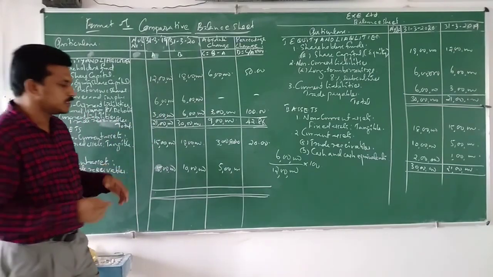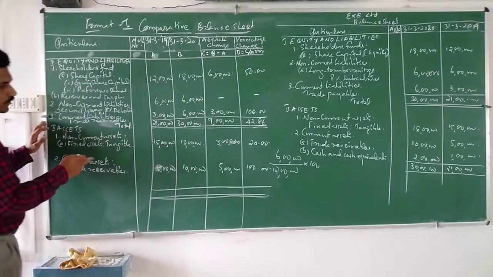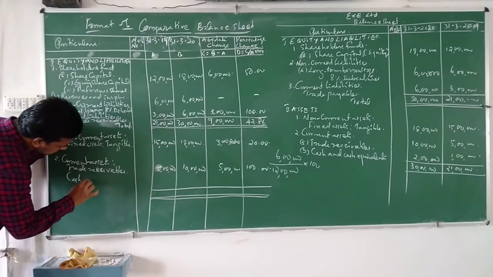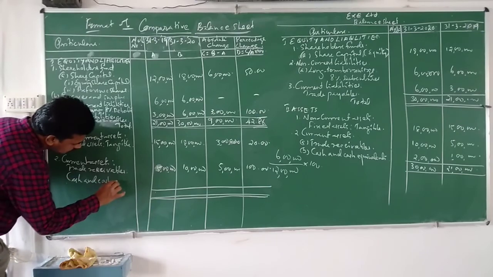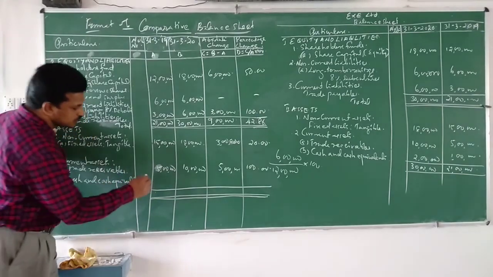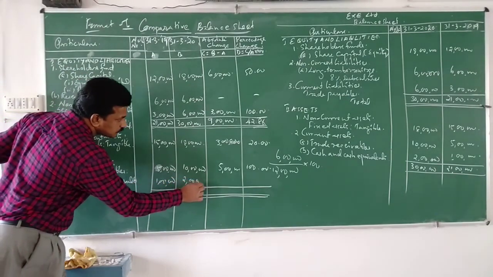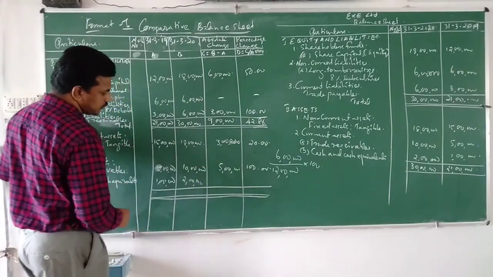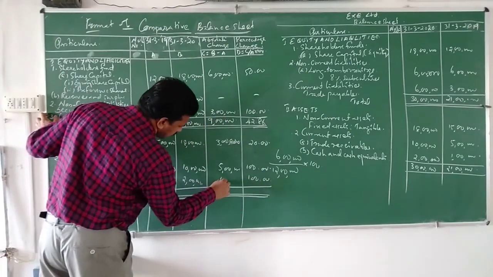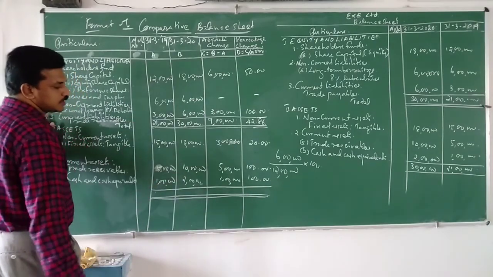So how much we will get? 100%. Then after trade receivables, next item cash and cash equivalent. How much? 1 lakh, then 2 lakh. Difference is absolute difference 1 lakh. 1 lakh divided by 1 lakh into 100, 100%.